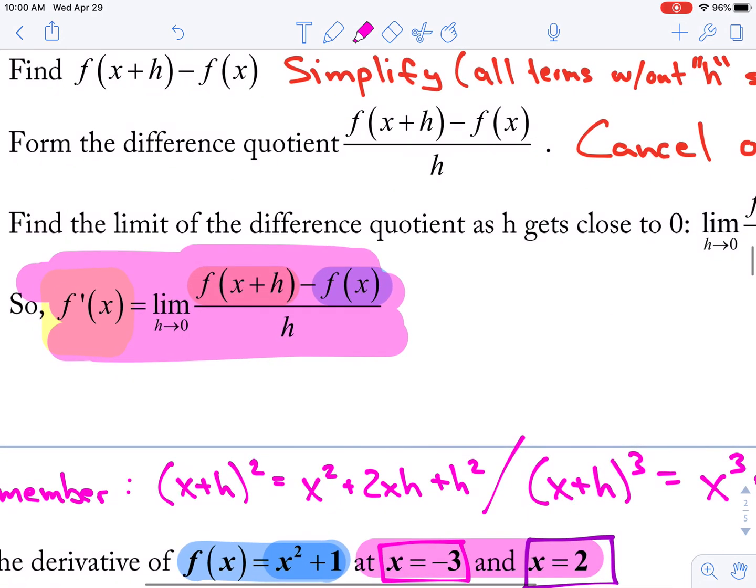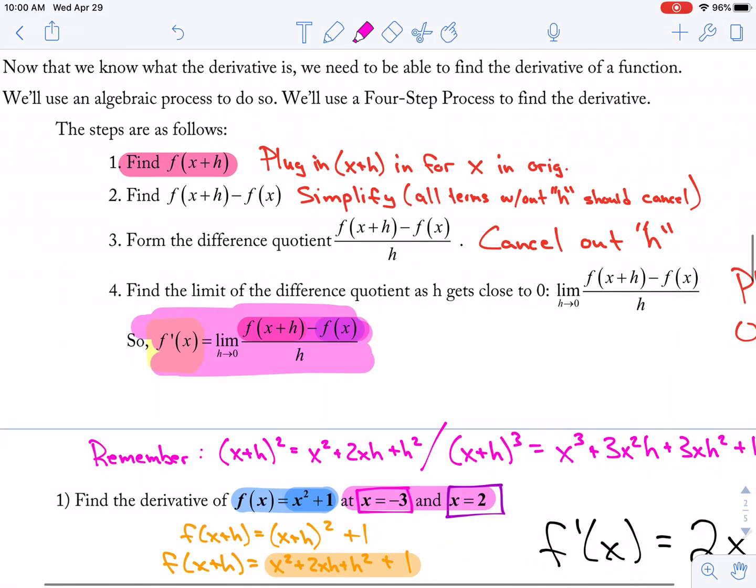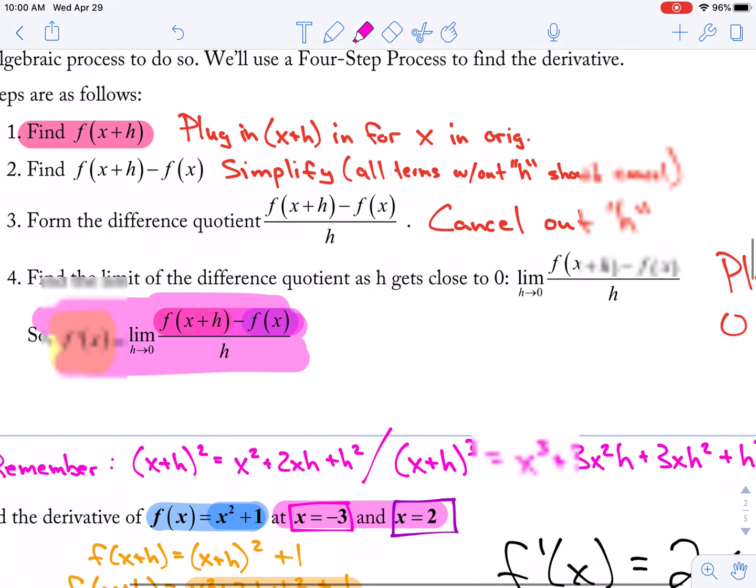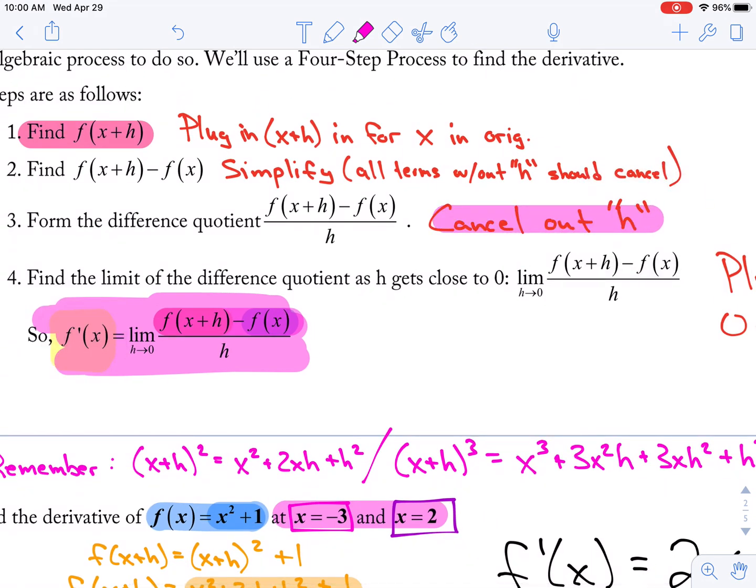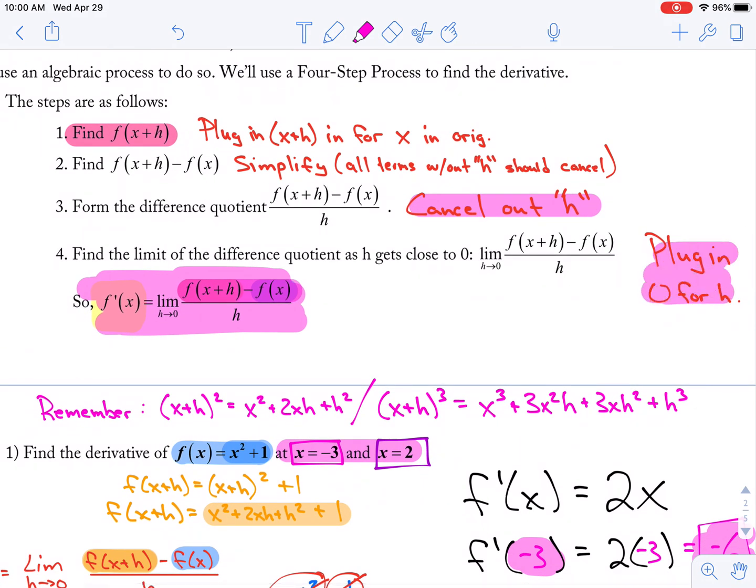Then plug it into the definition, and simplify f of (x + h) minus f of x by distributing the negative on f of x, and all terms without an h should cancel. After you do that, you cancel out all h's. And the last step is to plug in 0 for h, because we're trying to find the limit as h approaches 0.